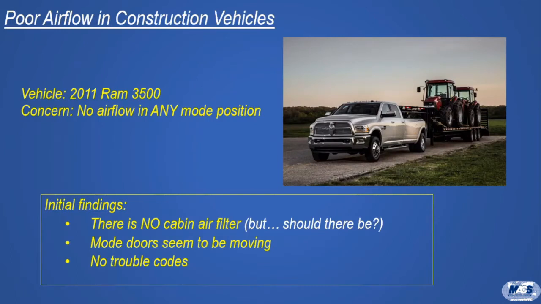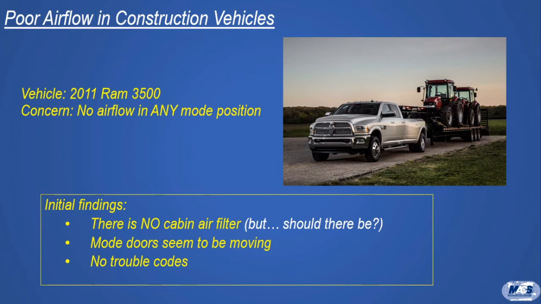Another warning about construction vehicles: poor airflow. Jobs that require removing the dashboard are so onerous on late models that technicians are becoming increasingly wary of the possibility, even if they think the need is obvious, that there just might be something else involved.